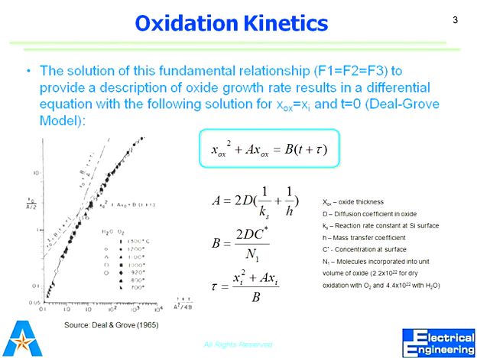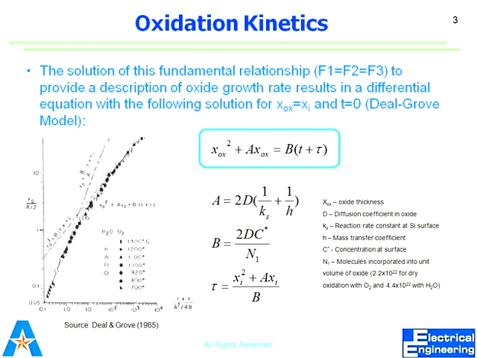Moving A to the other side, X oxide is equal to B/A times (t plus tau). So this is linear growth and this is parabolic growth.